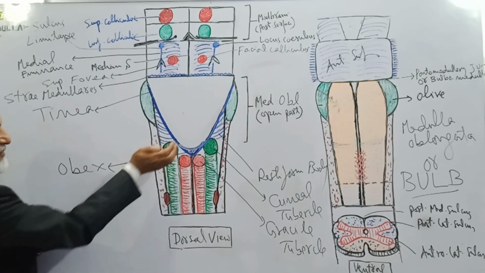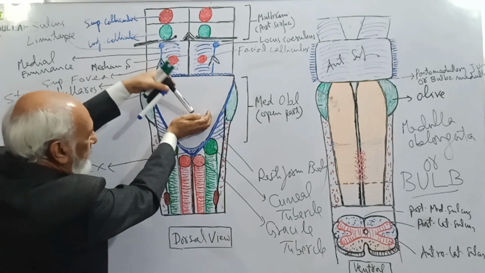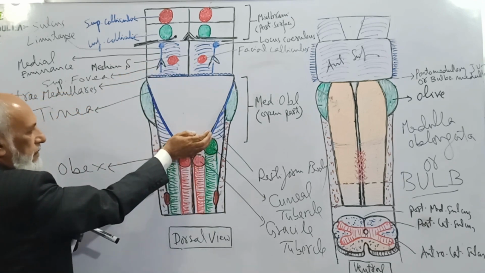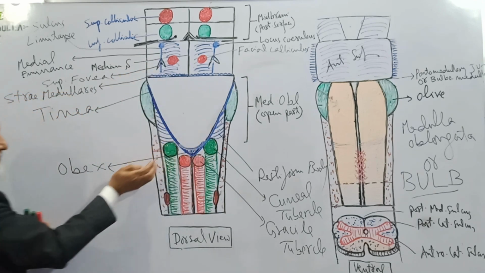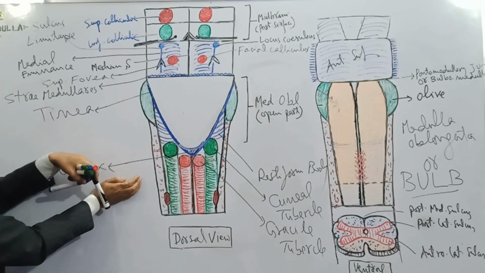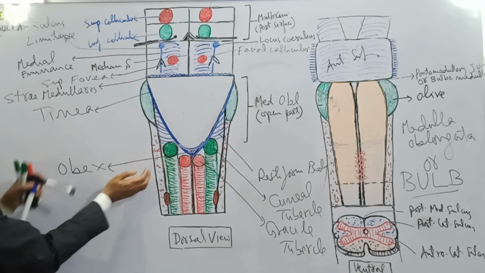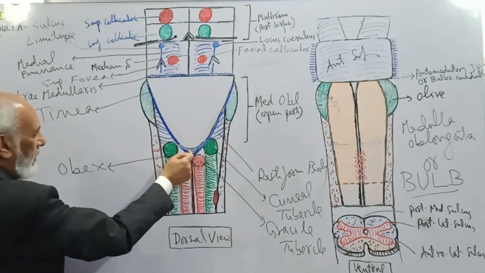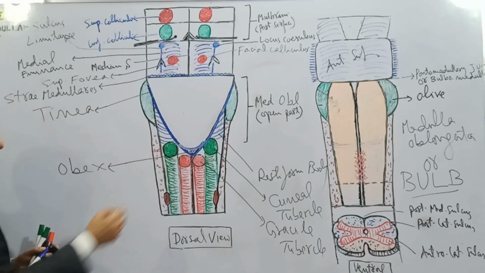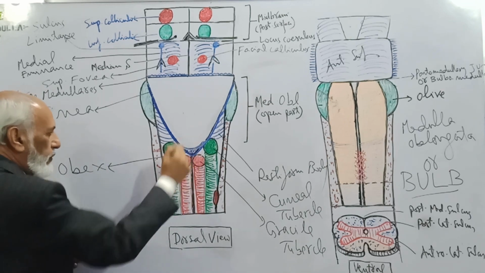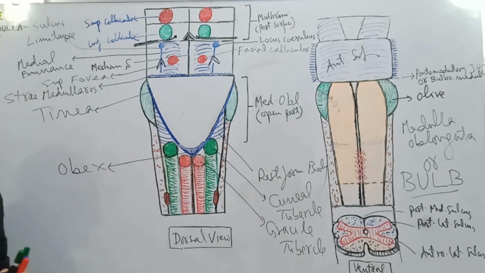Now can you see it is like this, and there is a concavity behind. This is the fold called obex, but here you can see there is a pocket. This is why you can't see the open end of the central canal. If you cut it, then you will see here is the opening of the central canal.